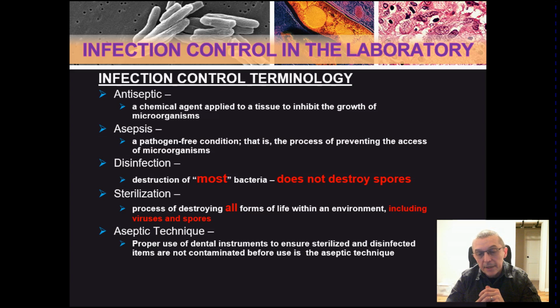So by using the proper materials, for instance, if we want to sterilize something, we're going to use a sterilizing machine in order to sterilize specific materials or instruments or surfaces. So that's an aseptic technique. It's the proper way of doing the sterilization.